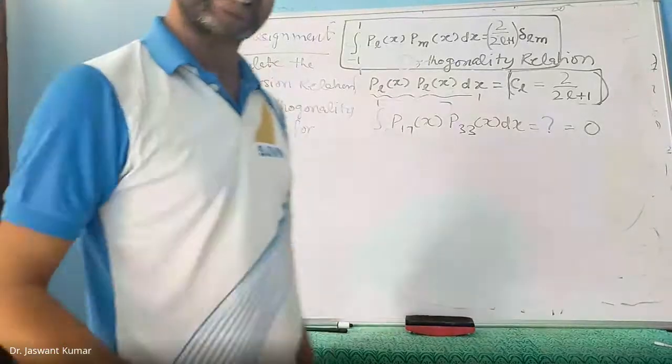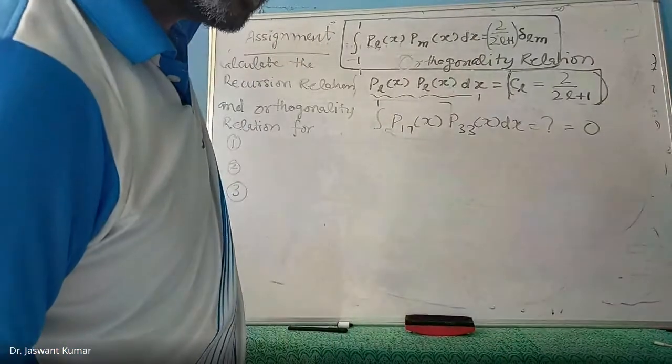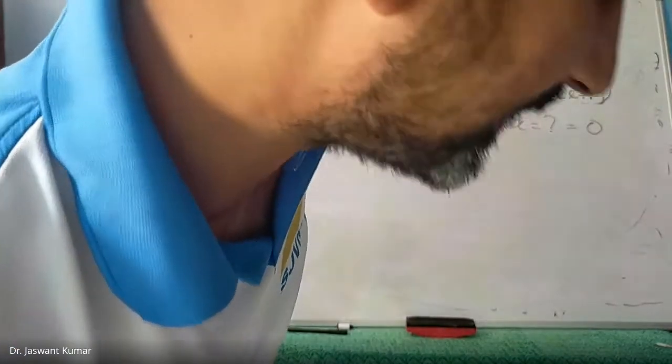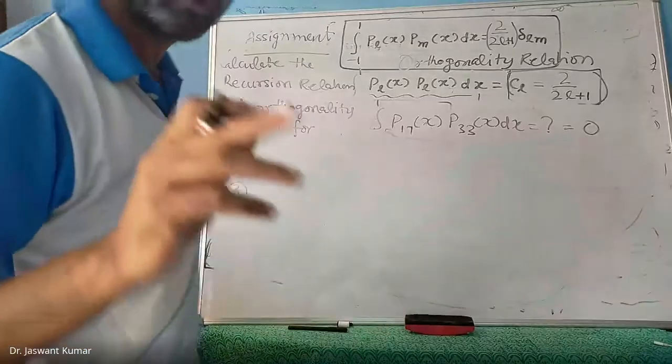How many students are there in your class? 44 or 45, probably.